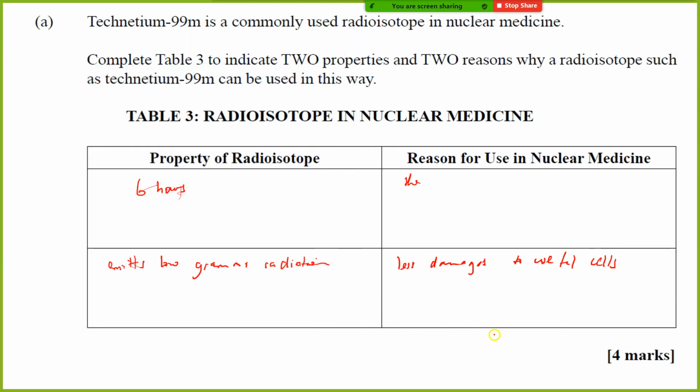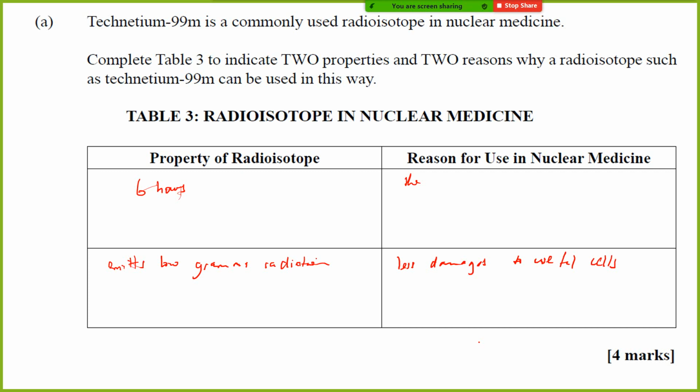I guess something useful about it disintegrating quickly would be that you could fix the tumors in time, because you don't want something that's disintegrating over 10 years. The tumors would grow too quickly. Wait, can you please repeat that?